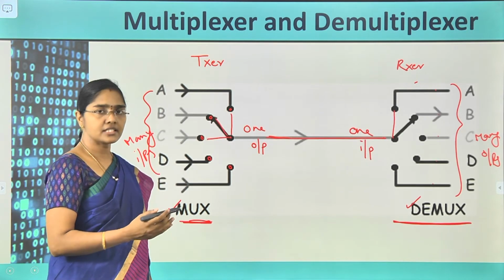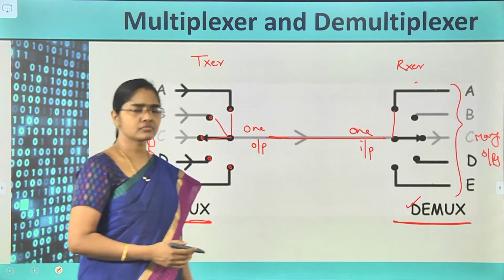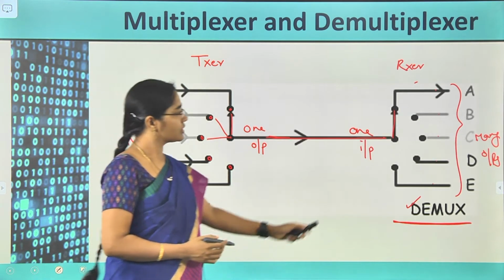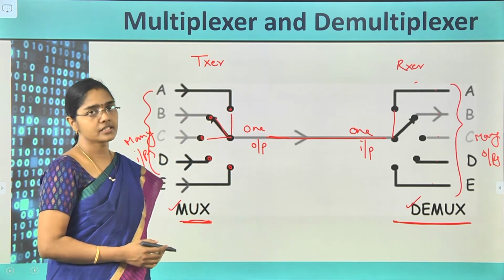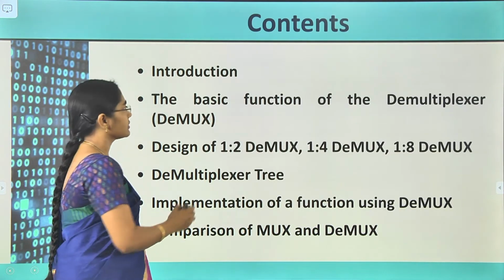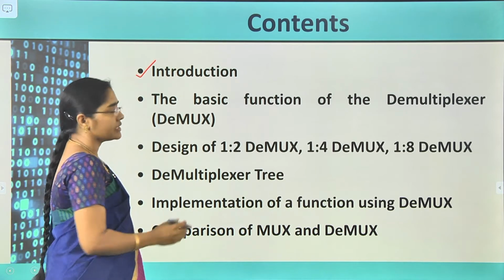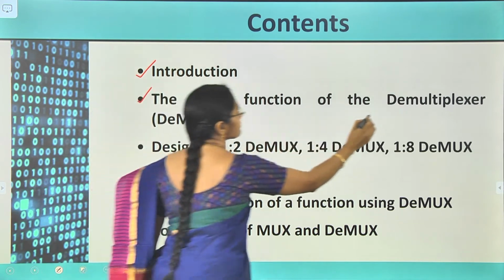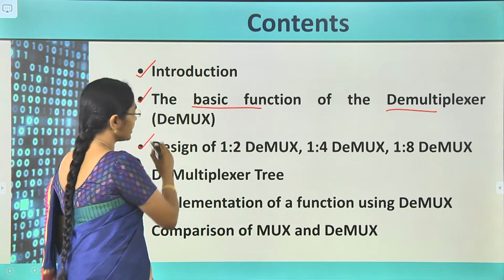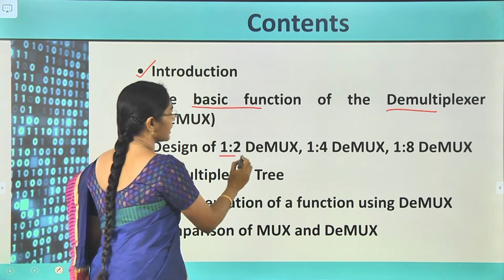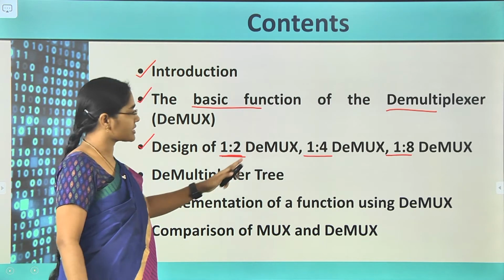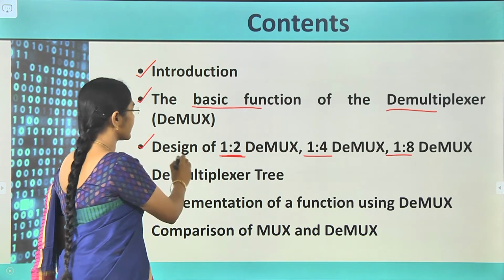So, we will see the designing of the demultiplexer and demultiplexer tree, and any function implementation using this demultiplexer we will see in this class. The contents for today's lecture are introduction, then basic function of the demultiplexer, and designing of different types of demultiplexers like 1 to 2, 1 to 4 and 1 to 8 demultiplexers, different sizes of the demultiplexers, we will see the designing part.